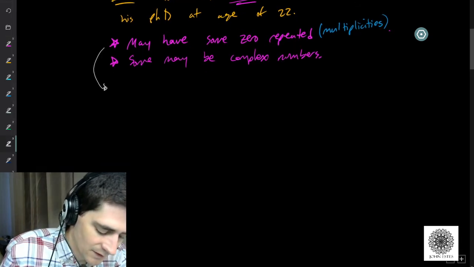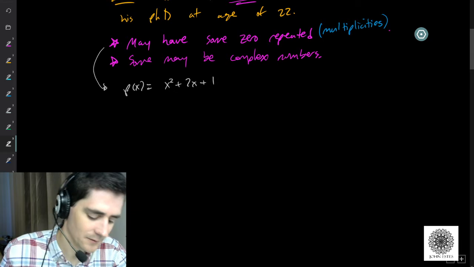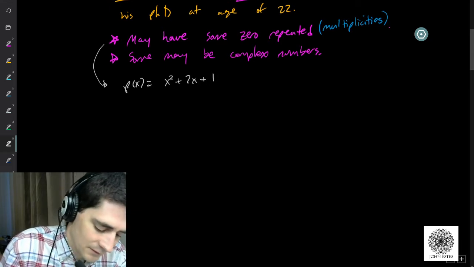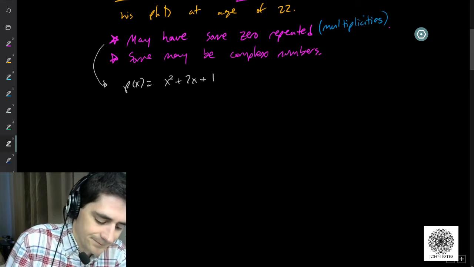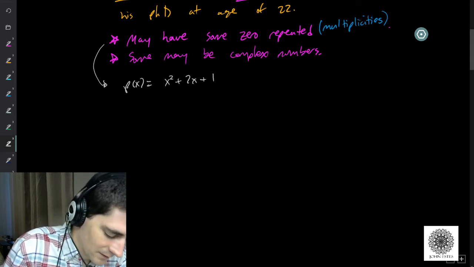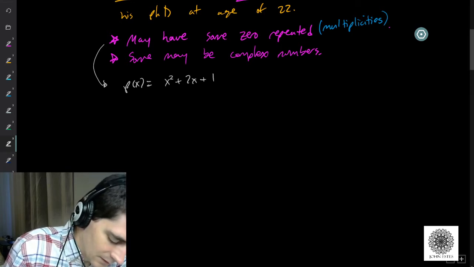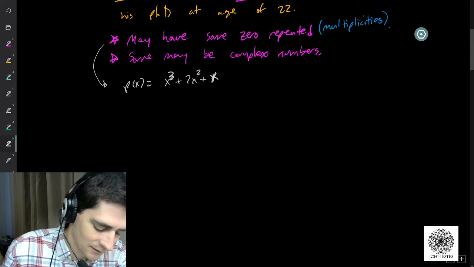For example, here I might have the polynomial p of x equals x squared plus 2x plus 1. Now that factors, well, let's change that a little bit. My eraser's not working. Let's change this to x cubed plus 2x squared plus x.